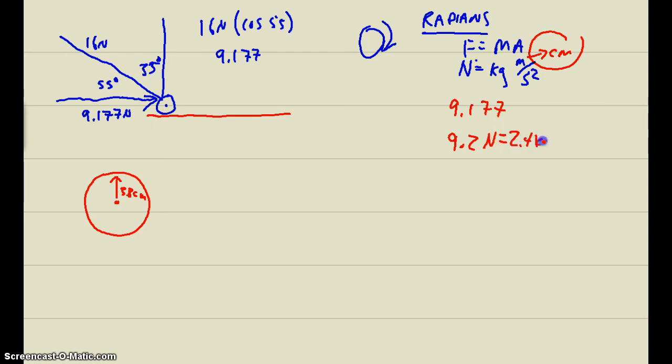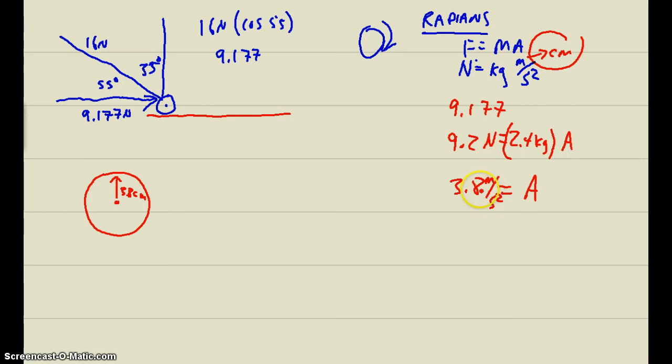We know that much. And therefore the acceleration of this object is going to wind up being 3.8. But this is just in meters per second squared because we haven't changed anything, but we know we have to.